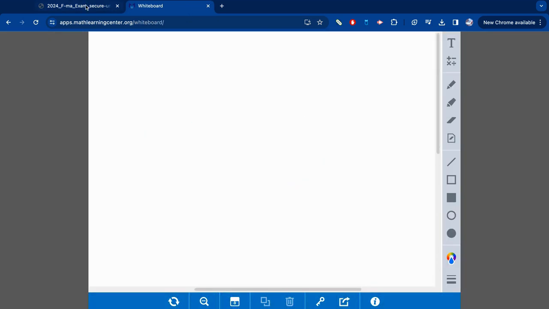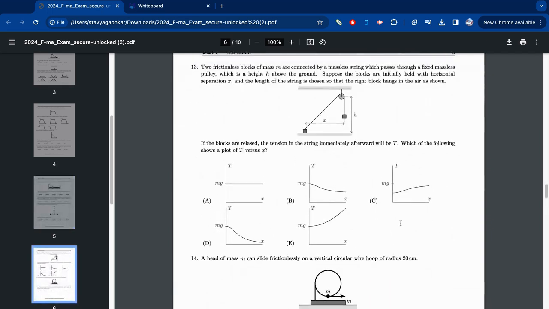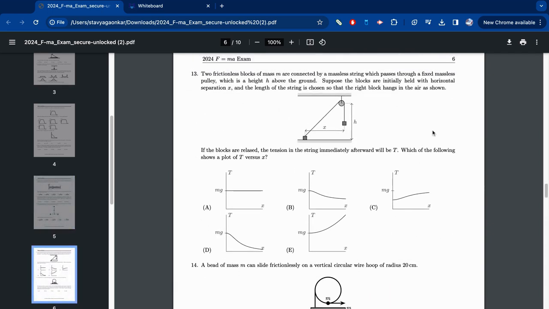Okay, moving on to problem number 13. You have two frictionless blocks of mass m that are connected by a massless string, which passes through a fixed massless pulley, which is a height h above the ground. You want to find which graph shows a plot of T versus x, where x is this distance.